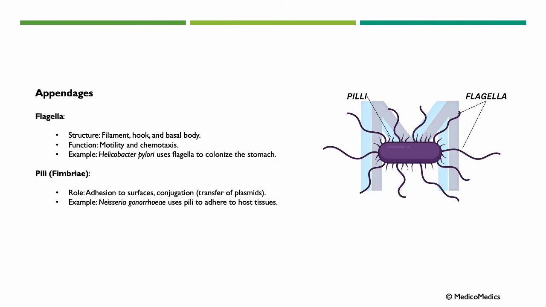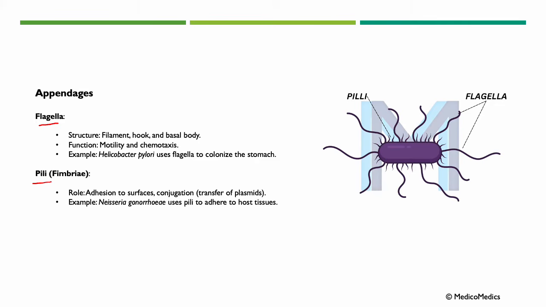Appendages. So bacteria have tiny structures called flagella, or tails, and these are used to swim. Or they have something called pili that are spikes, and this helps them to stick to surfaces.